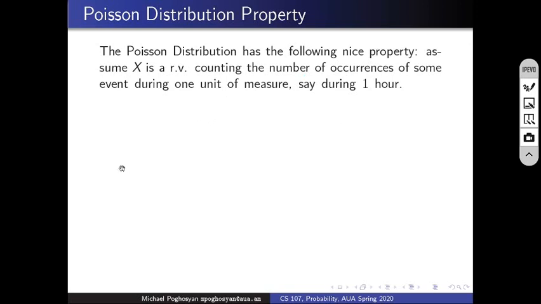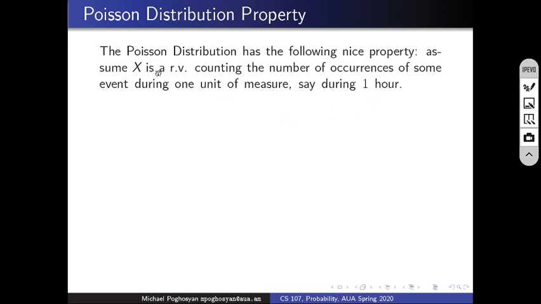One important property of the Poisson distribution. The Poisson distribution has the following nice property. Assume that X is counting. X is a random variable that shows the number of occurrences of some event during one unit of measure, say during 1 hour.